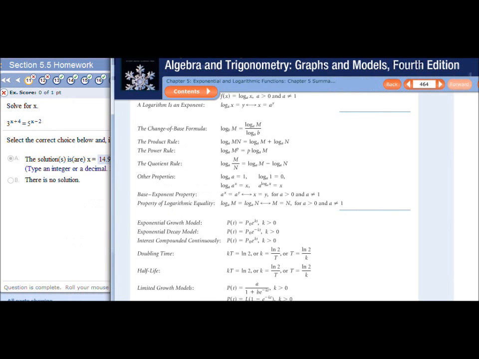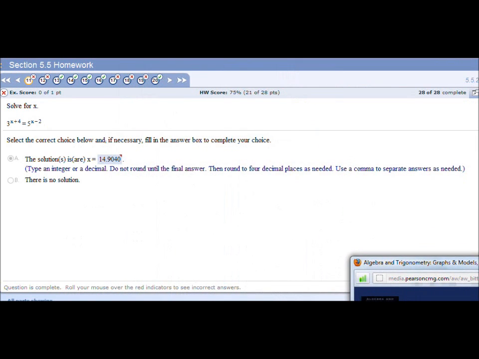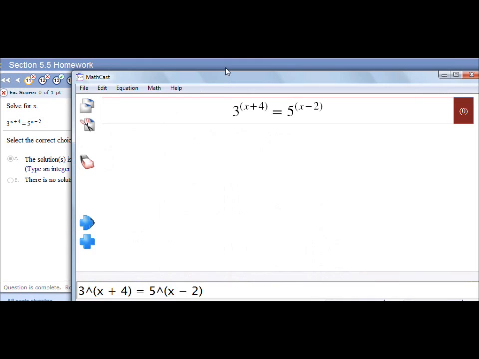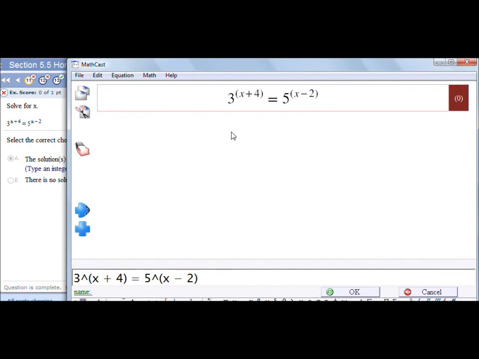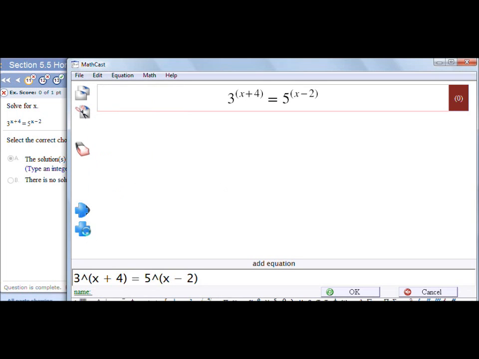So I go over here and take this thing off the board. And let me move over to this one. Okay, here's our equation right now. And I'm going to add a new equation in. So here's the problem. 3 raised to the x plus 4, and this was m, this was n.